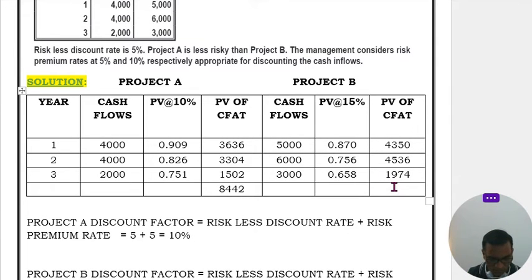Total: 4,350 plus 4,536 plus 1,974, that is 10,860. So this is the total PV of CFAT.